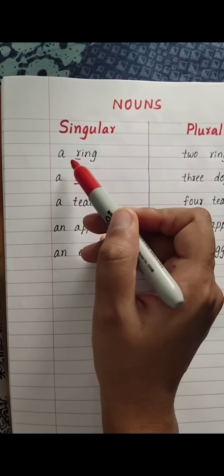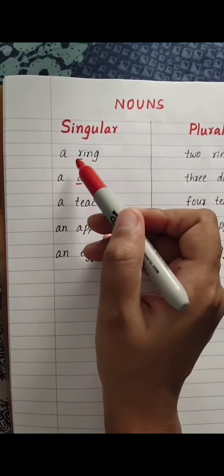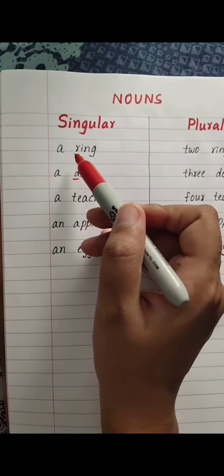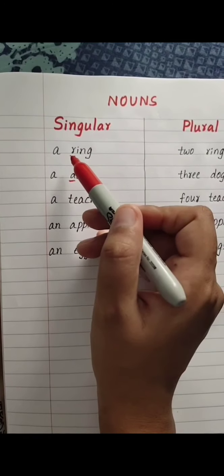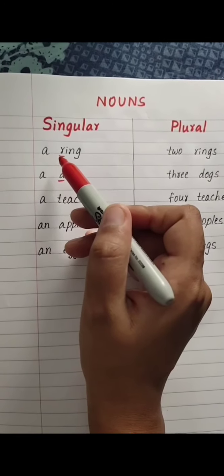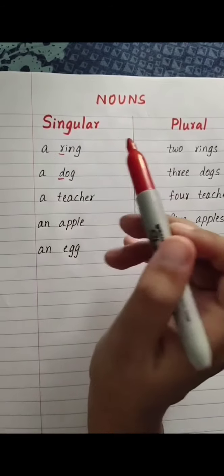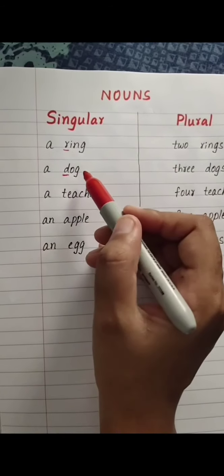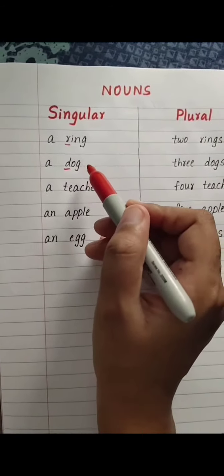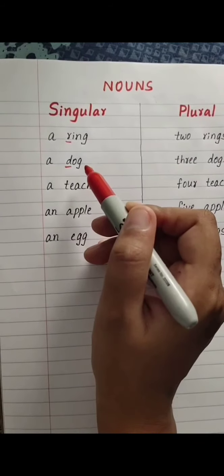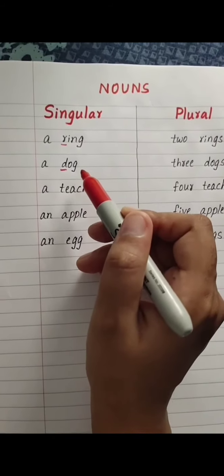Because in this word, the first letter is R. R is consonant. That's why we have to use a. Okay. Next word, dog. This is also singular noun. Why? Because here only one dog is there.